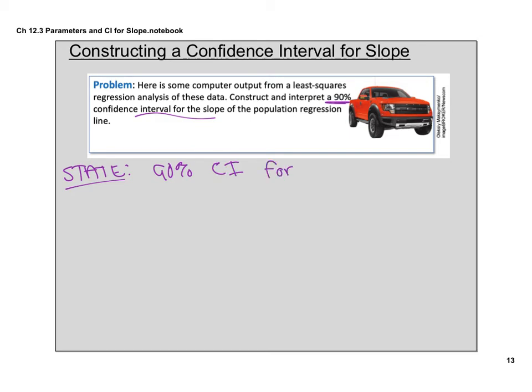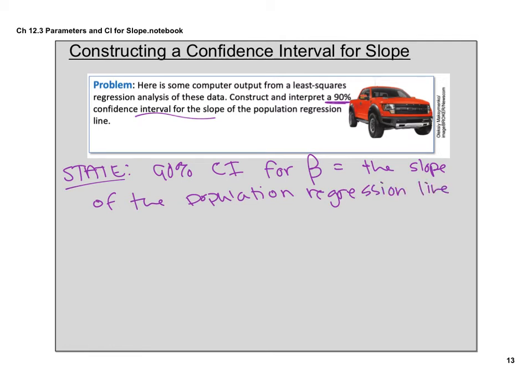Remember, you're doing a confidence interval for a parameter, which in this case would be beta, which is the slope of the population regression line, relating y equaling price to x equaling miles driven.